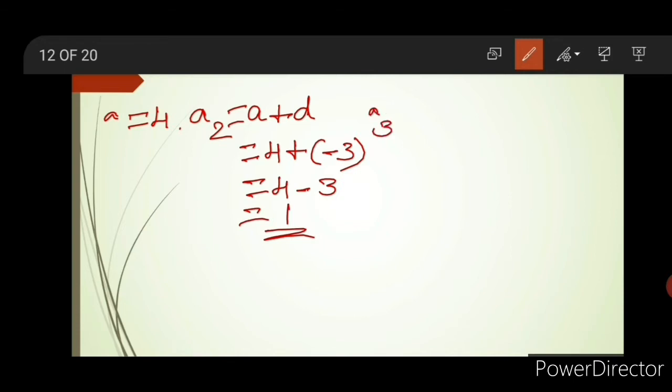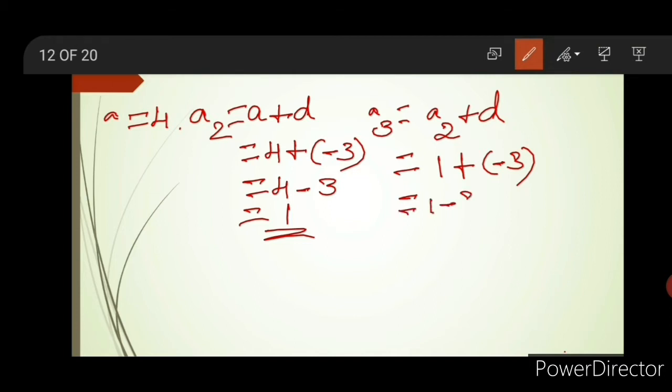Similarly, third term A3 is given by A2 plus D. A2 we already found, that is 1, plus common difference minus 3. On simplification, we get 1 minus 3 is equal to minus 2. So, next A4. What is A4?